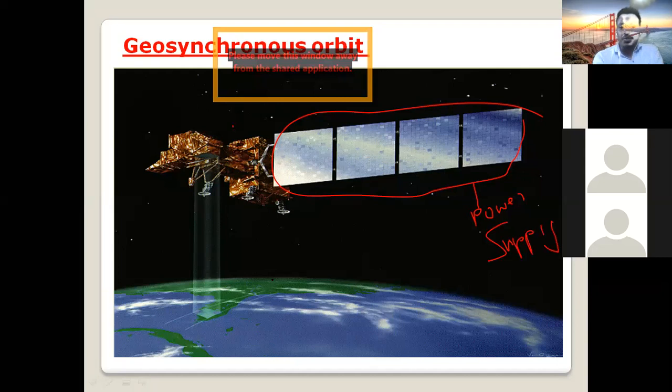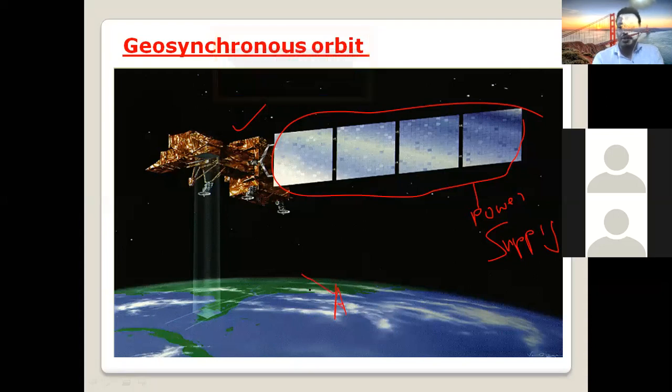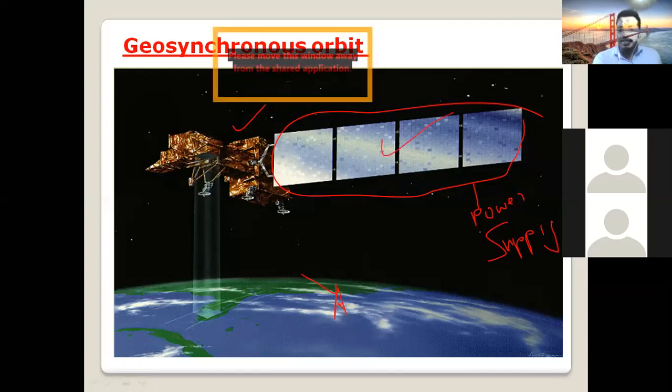We cannot connect power from the grid on the ground. You cannot give it line power. Where does this equipment get power? From the solar panel here, which converts sunlight into electricity. Also there are additional batteries here.